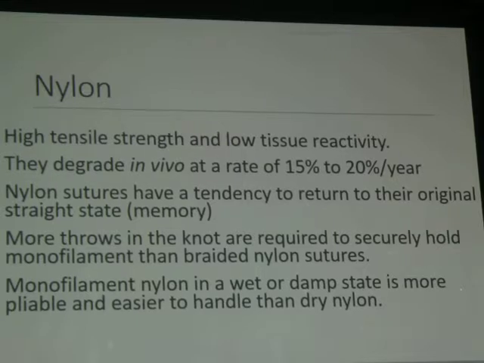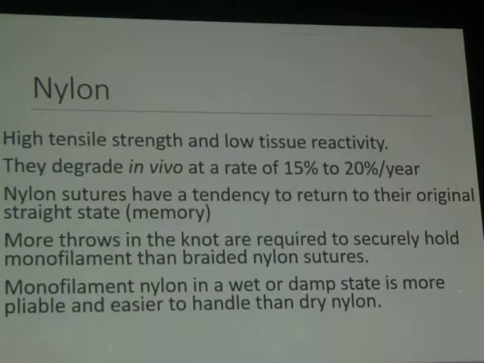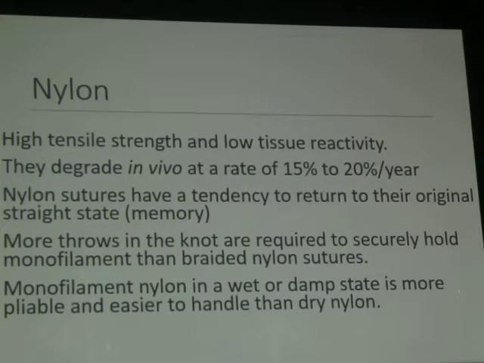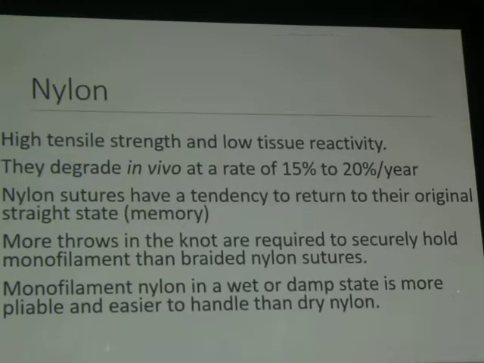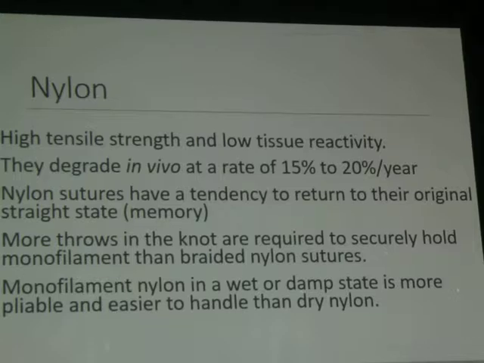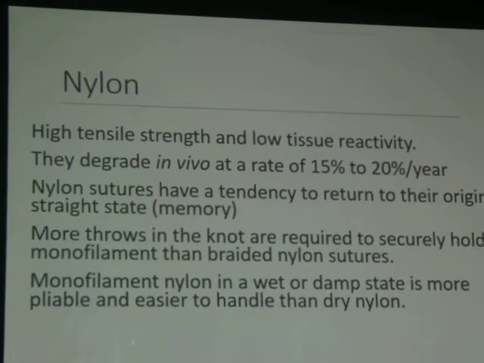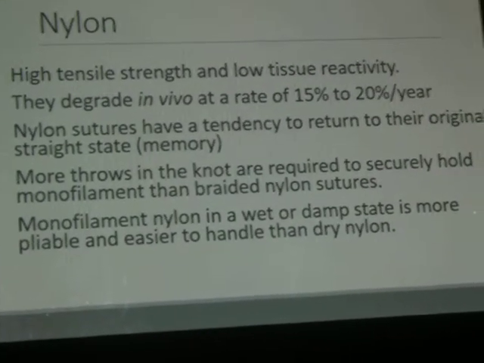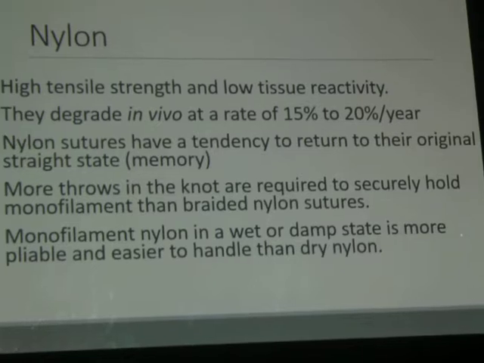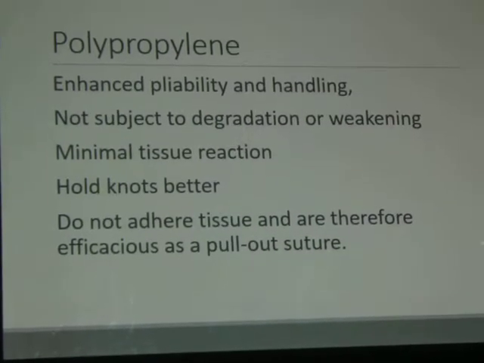Monofilament nylon must be wet before I work with it. Again, this changes a little bit: it hydrates the polymer, and it becomes more pliable. It becomes softer than dry, hard plastic. So when you use nylon, you have to wet it and straighten it to break its memory as well.